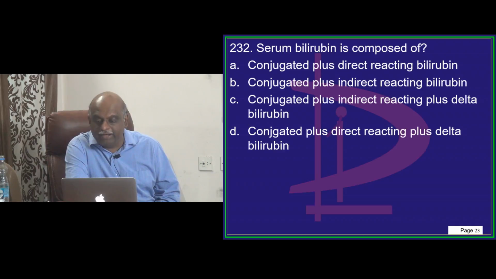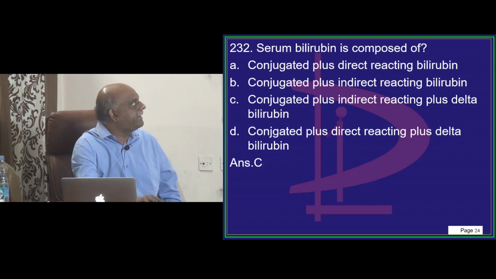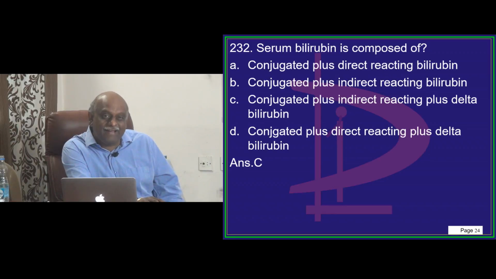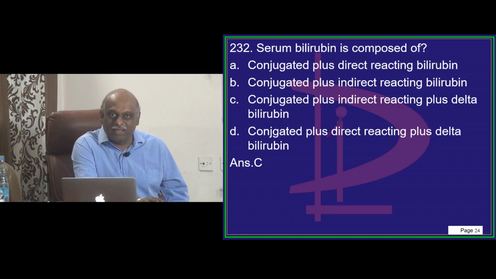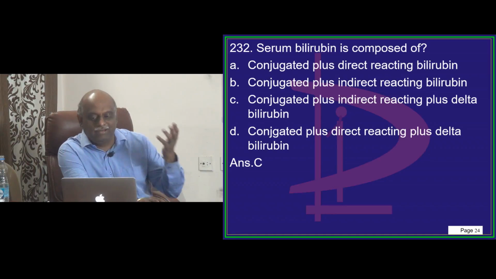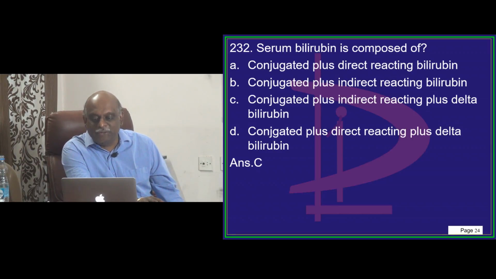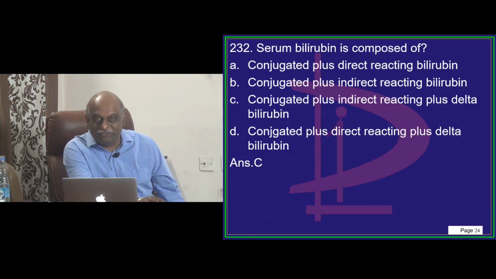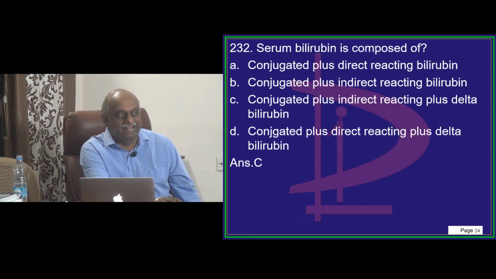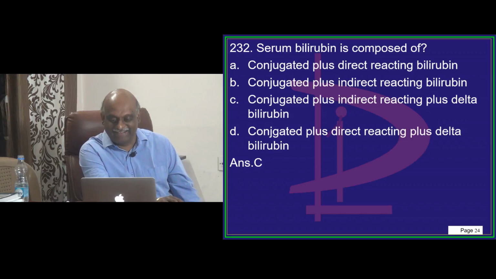What is called direct is a very important question. So most of you are betting on B, conjugated plus indirect reactant bilirubin. There is also delta bilirubin, which completes the total bilirubin is what you should fundamentally remember. I am seeing most of you A and B, but none of you guessed it as C. That is the power of examiner, right?